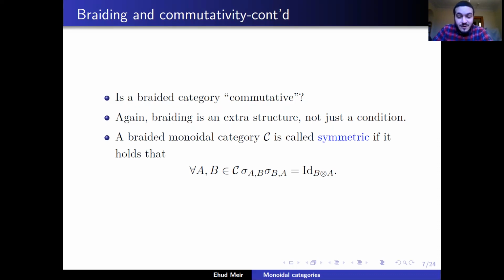And in fact, one thing that you would expect to happen, but doesn't always happen with this category, is that if you consider the map from A tensor B to B tensor A to A tensor B, of doing the braiding twice, then it will in general not be the identity on A tensor B. Okay, so a braided monoidal category is called symmetric if it does hold that when you do the braiding twice, you get to the original thing, just the identity of B tensor A.